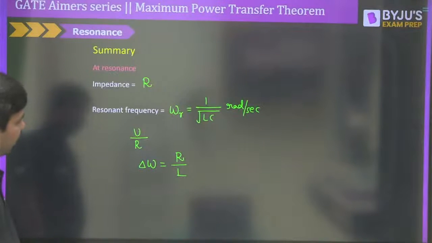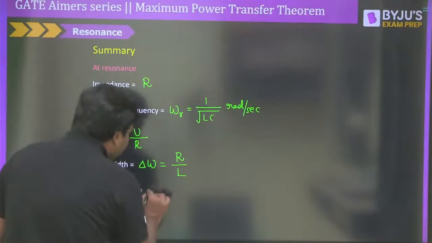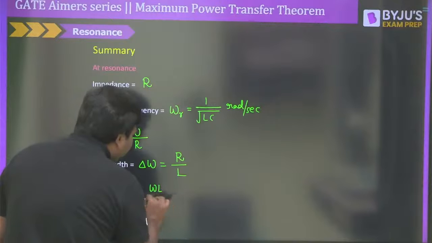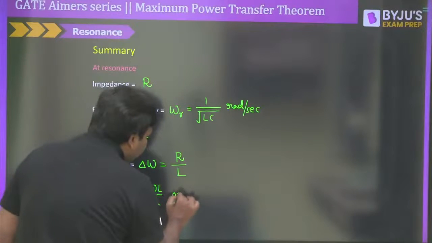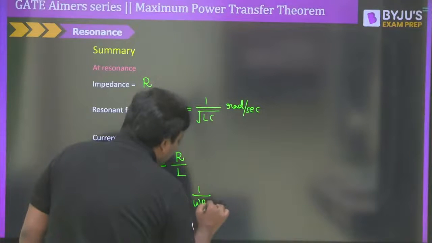So moving ahead, the next one is the quality factor. Either we can write omega L by R, or we can say it is 1 divided by omega into RC. Both are correct.